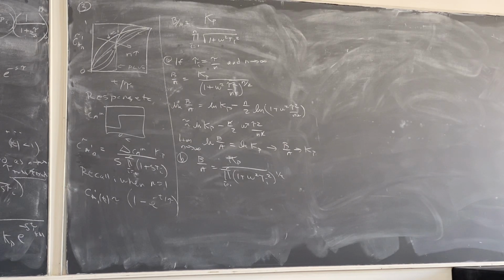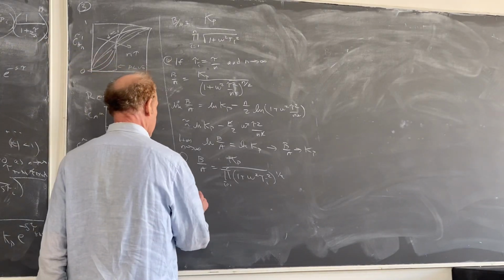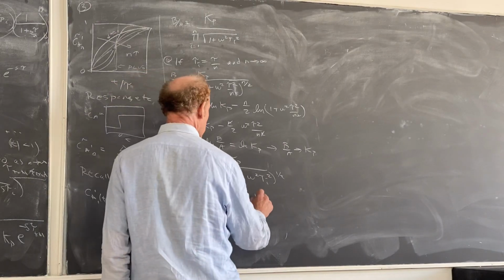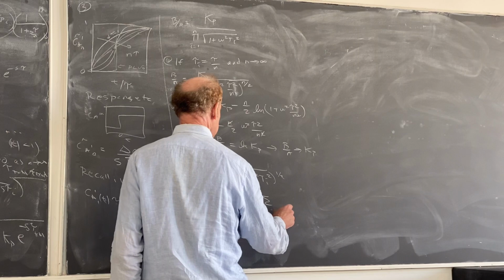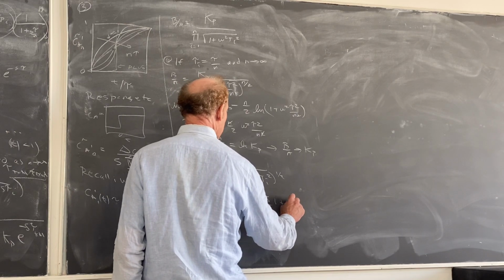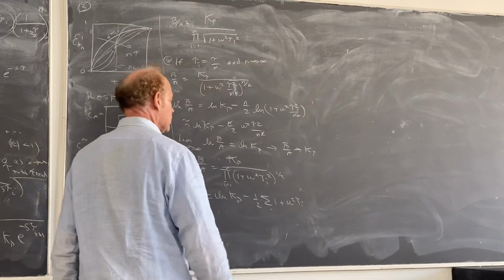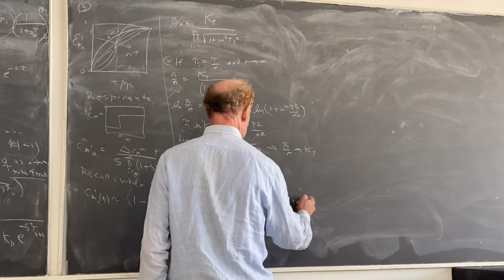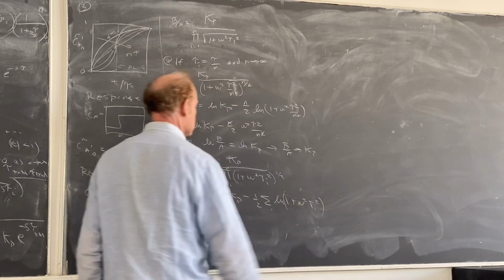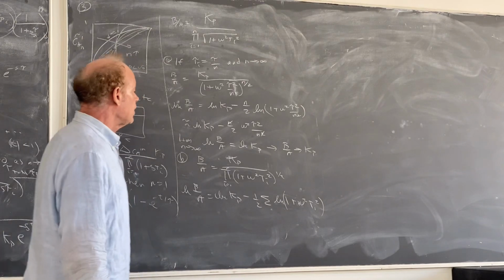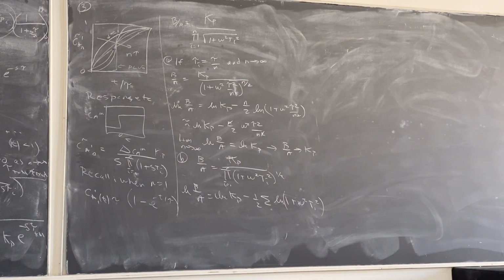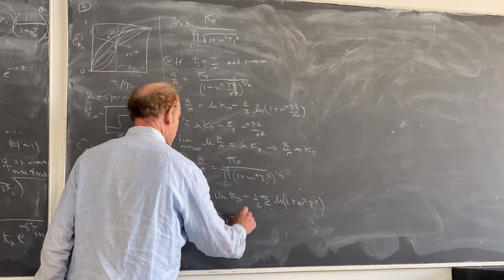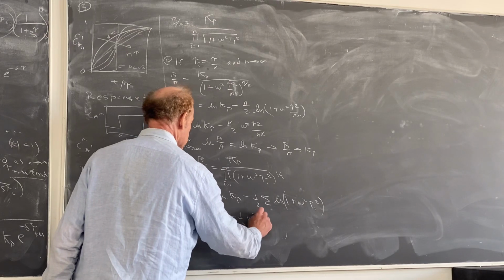And the algebra ends up being the same. The log of B over A is the log of Kp minus 1/2 the sum of the log of 1 plus omega squared tau_i squared. And again, as long as the maximum of the tau_i's goes to 0, this just goes to the log of Kp minus 1/2 omega squared tau_i squared.